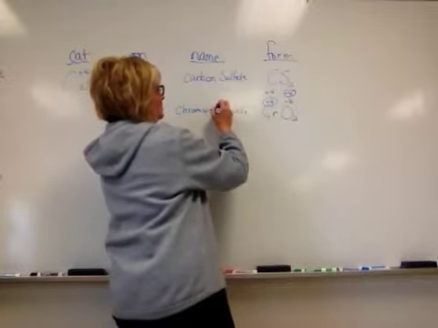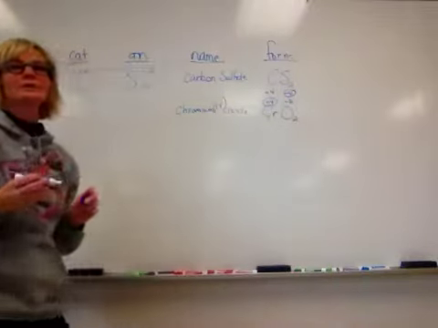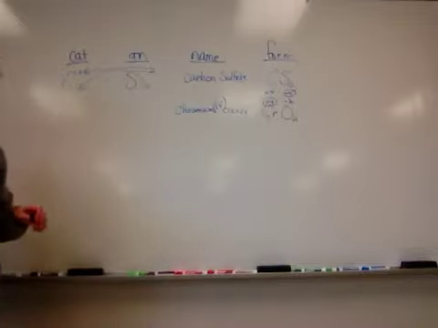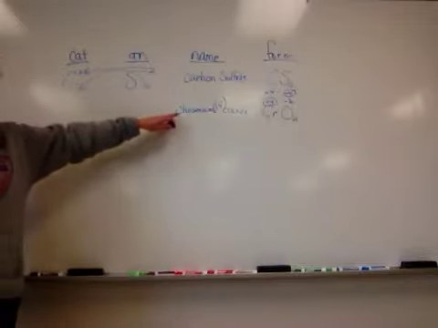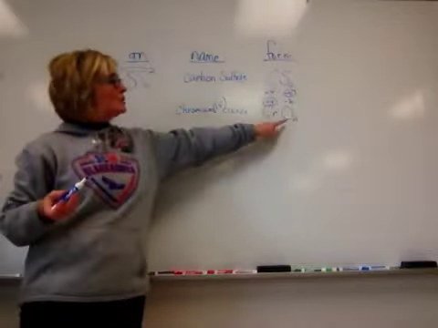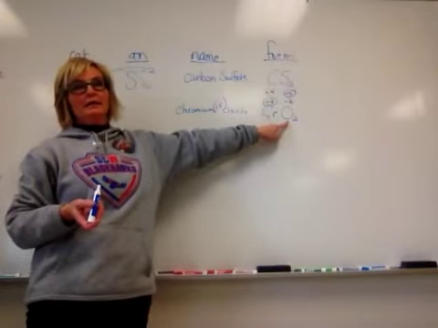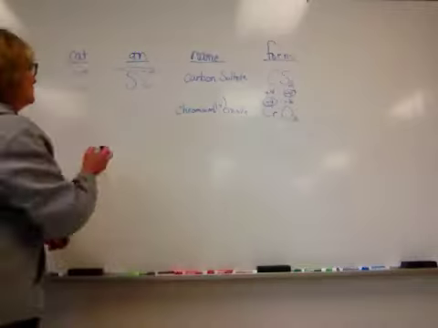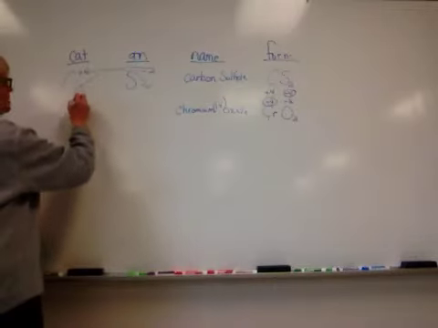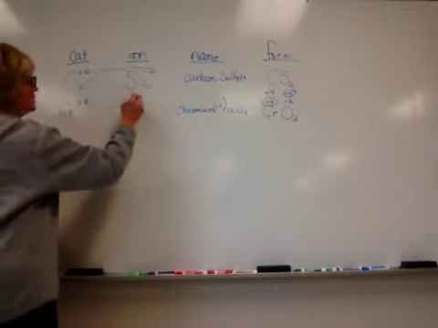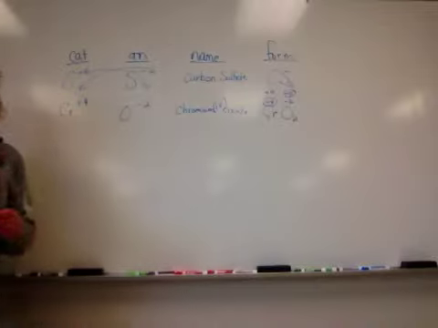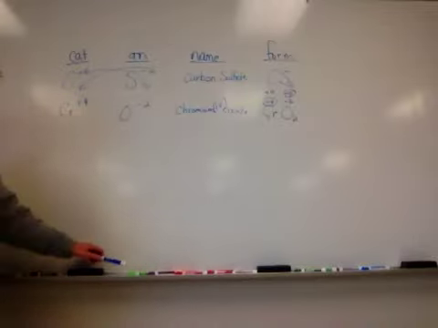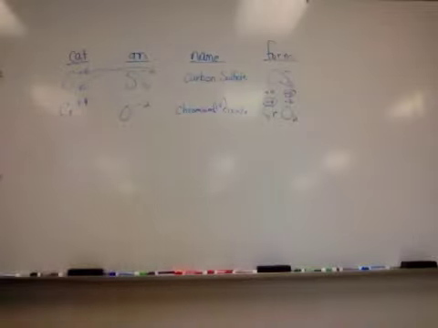So that would be chromium 4 oxide. If it's a transition metal, always use the anion to figure out the charge of the cation. So it would be Cr plus 4, O minus 2. So there are some examples.